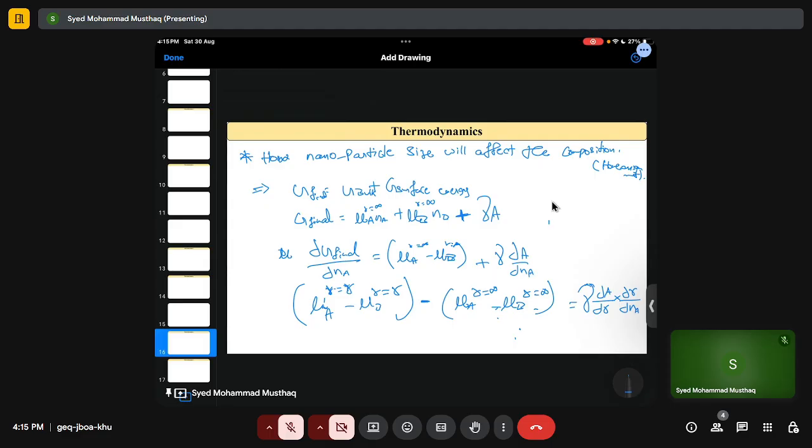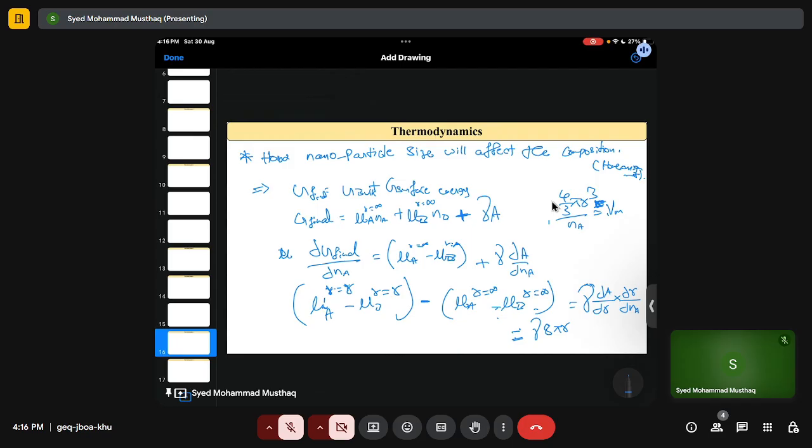Okay. Now, what is my dA? A is 4 pi R square, so dA is 8 pi R dR. Now, what is my volume? 4 by 3 pi R cube divided by NA is equal to molar volume, the volume of an atom. Right.